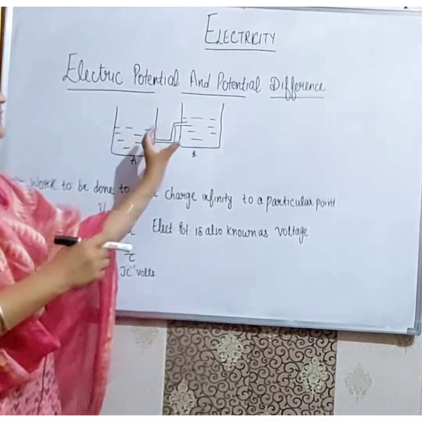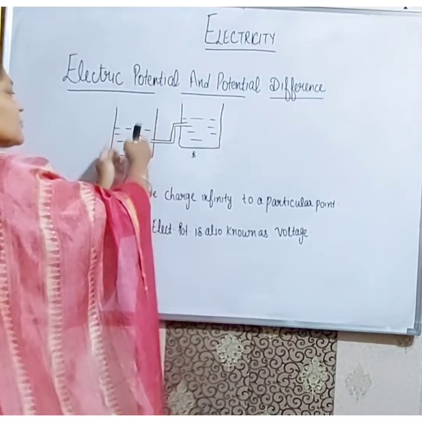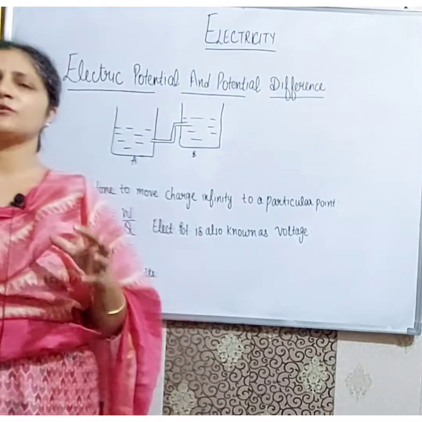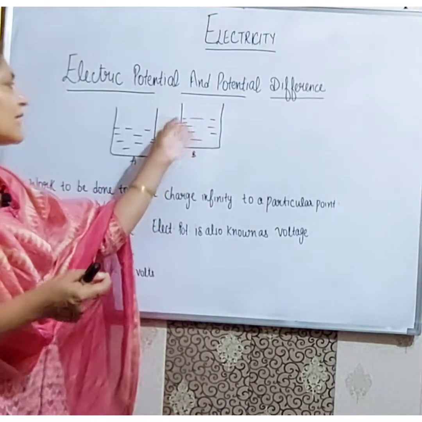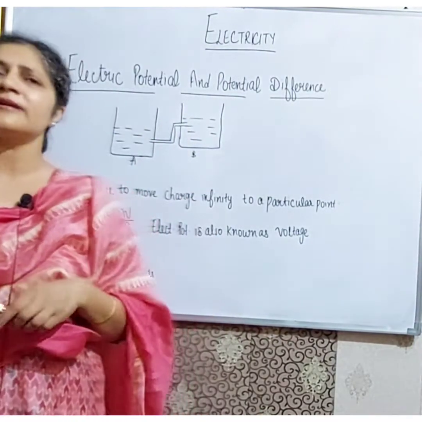The beaker which is at the higher height will send water to the beaker at the lower height. It means water is traveling from higher height to lower height, from higher concentration to lower concentration.